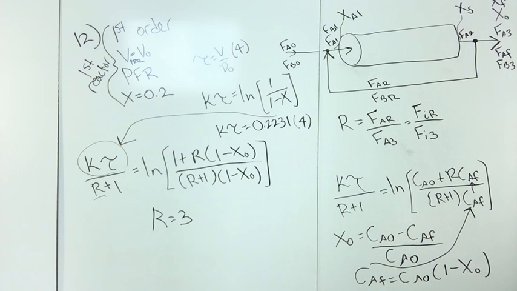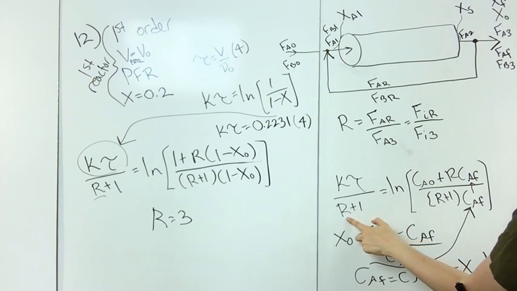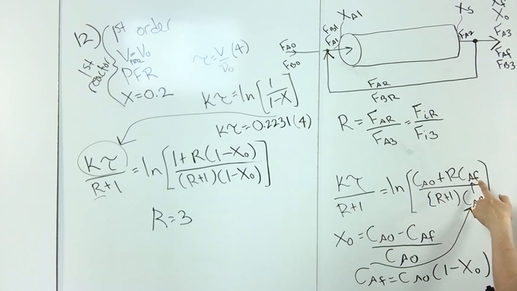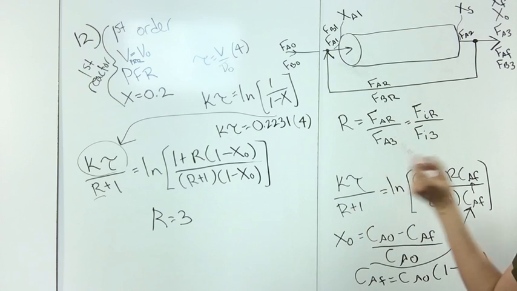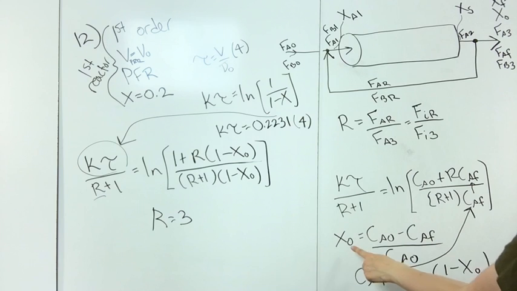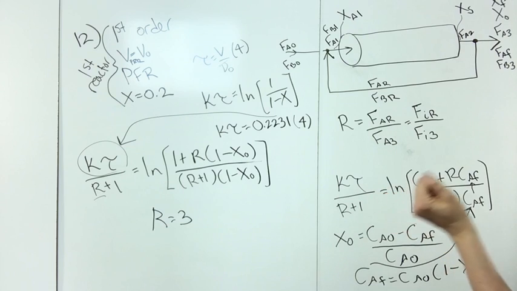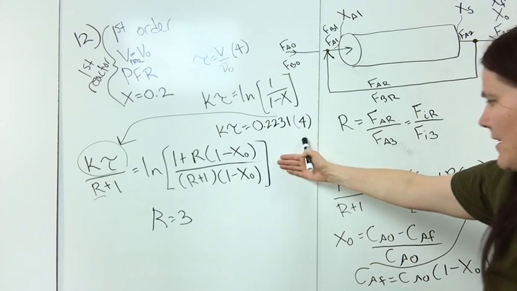You know you're looking for R, so you look at this equation and think, okay, I want R, so I need to figure out what CAF, CA naught, and K tau are. But I don't actually have CA naught, and I need the equation in terms of X naught anyway, so I can solve this equation for CAF, plug that in, and get the equation in this form.